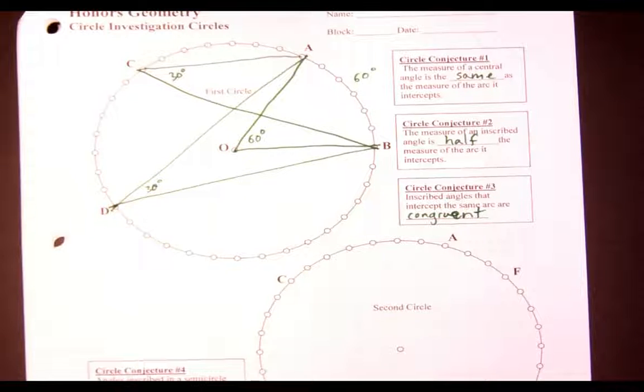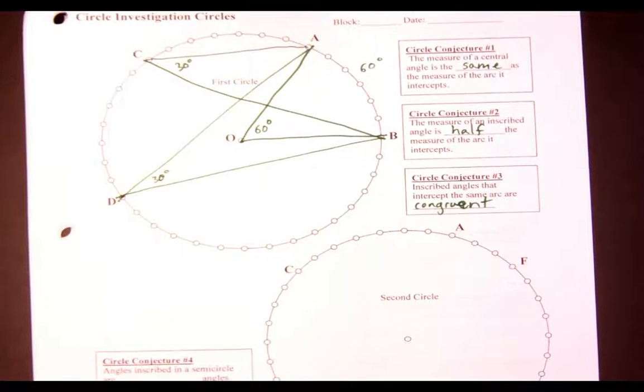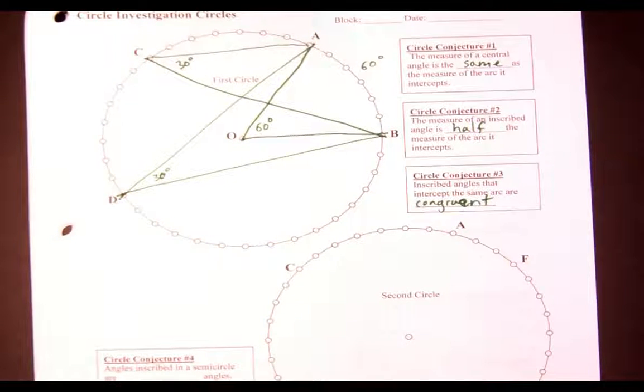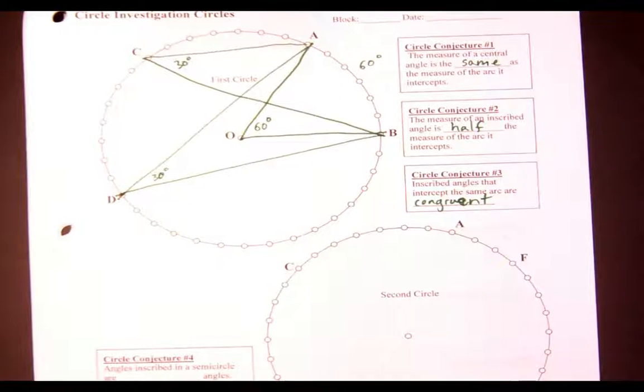All right, for the second circle, conjecture 4, I got desk 27 this time. What word did you get for that? So, angles inscribed in a semicircle are congruent angles. What do you guys think? Did someone get a different word there? What would you guys get?